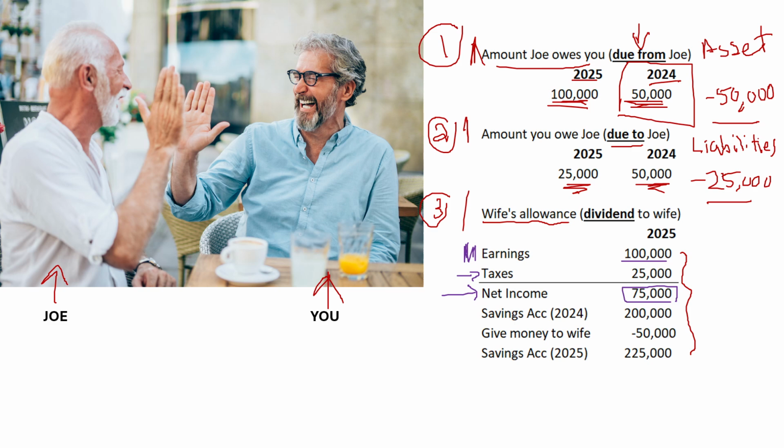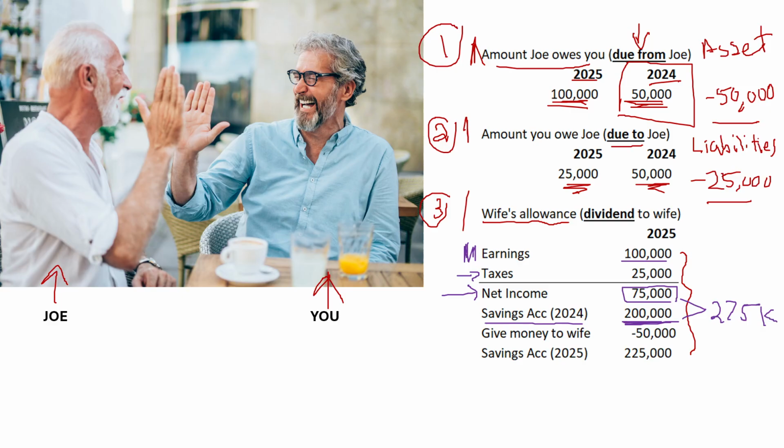Also called net income. So let's say that at the beginning of the year in 2024, your savings account had $200,000, right? So if you made $75,000 after tax, that money would technically go into your savings account.